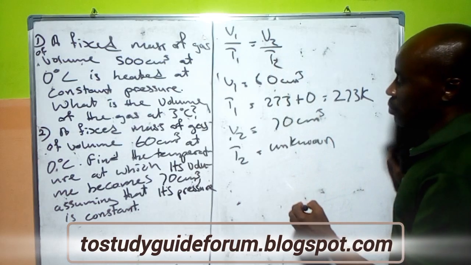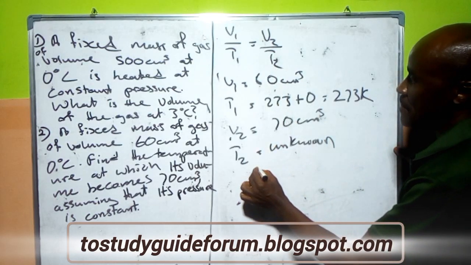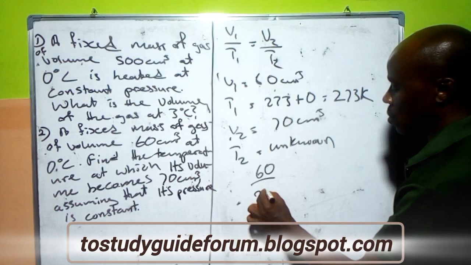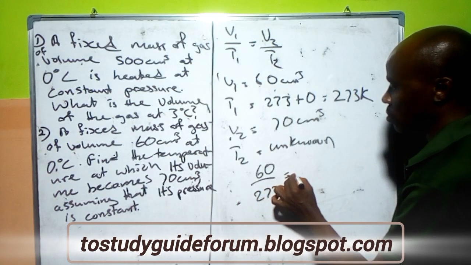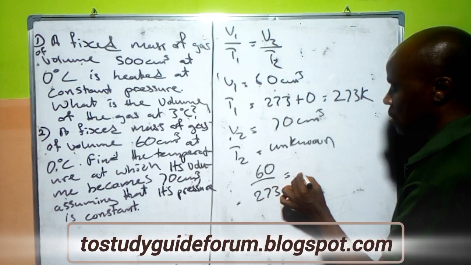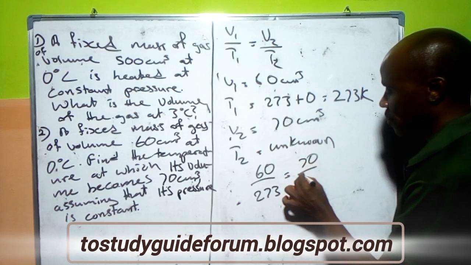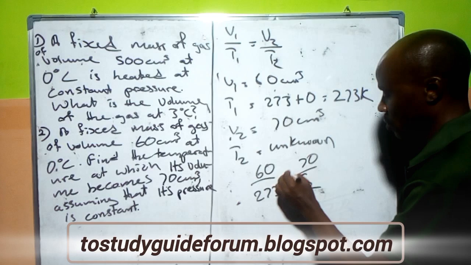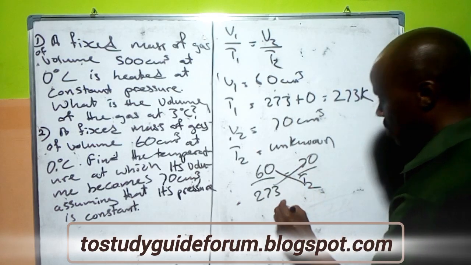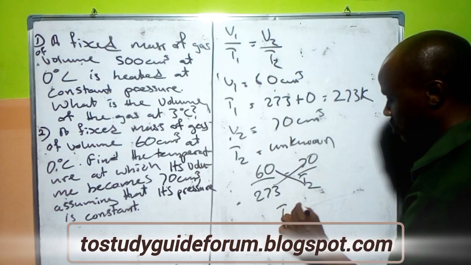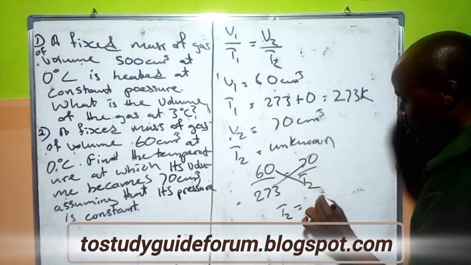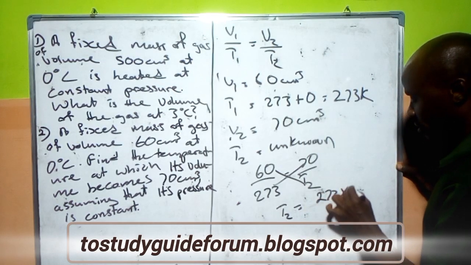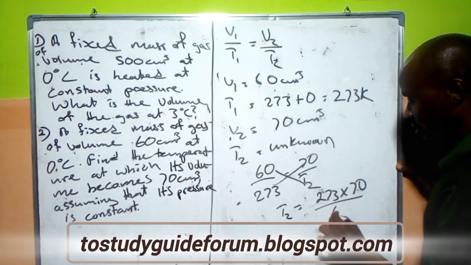So now we substitute. We have 60 over 273 equal to 70 over T2, the one we don't know. If we cross multiply, T2 will be 273 times 70 all over 60.